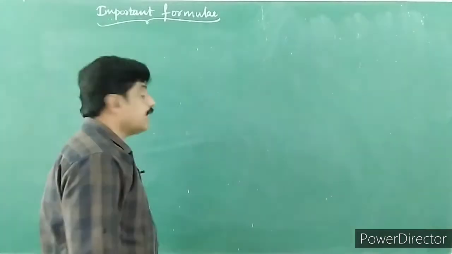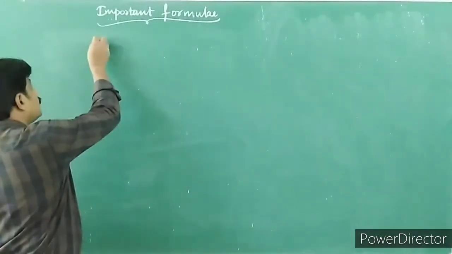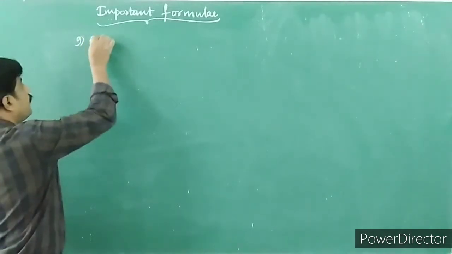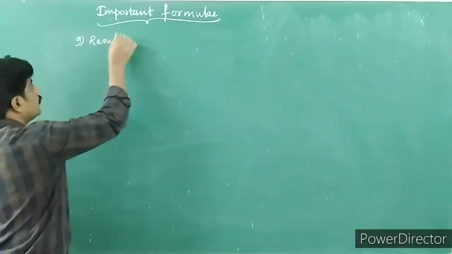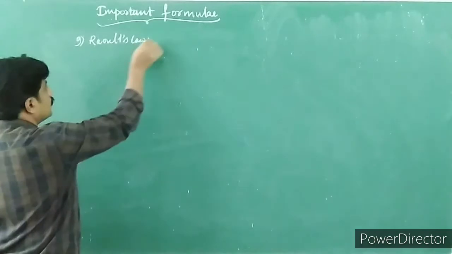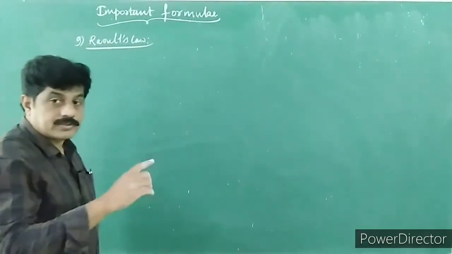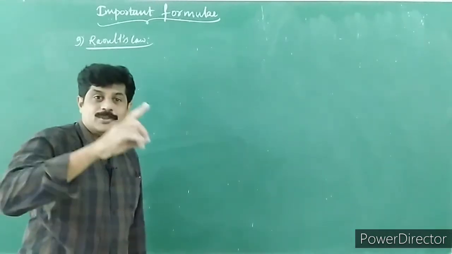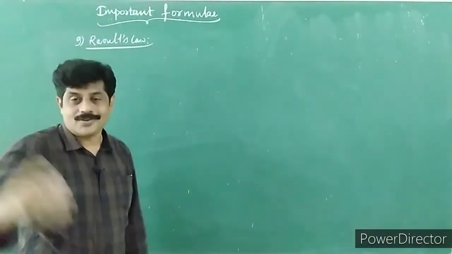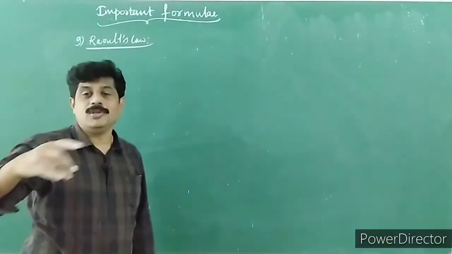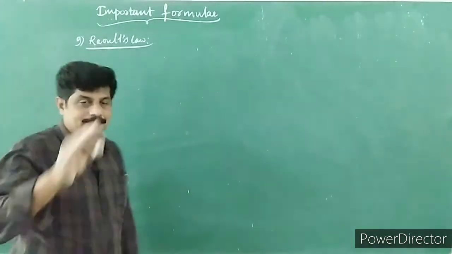The ninth important formula which you learnt under this chapter is for Raoult's law. Children, you can write Raoult's law for a solution containing two volatile solvents as well as a solution containing a non-volatile solute in a volatile solvent.